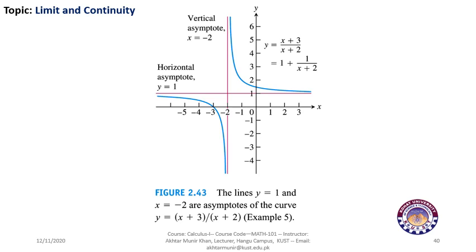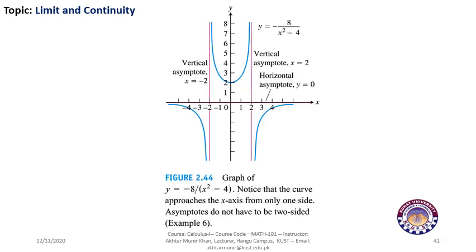So this is the vertical asymptote for this function, and this y equals 1 is the horizontal asymptote of this function. Now consider the function y equals minus 8 divided by x square minus 4. One can see that whenever x approaches 2, y approaches minus infinity at the vertical asymptote.